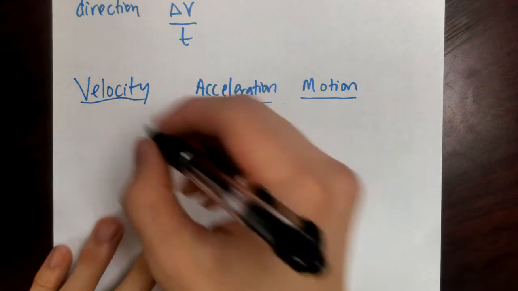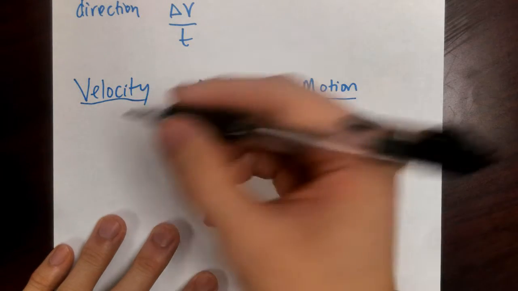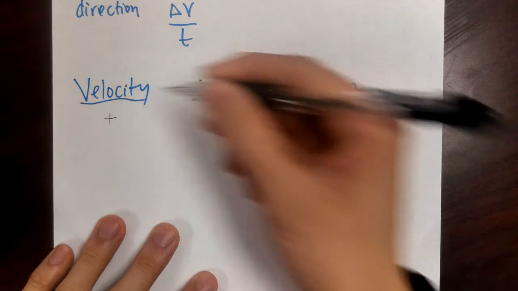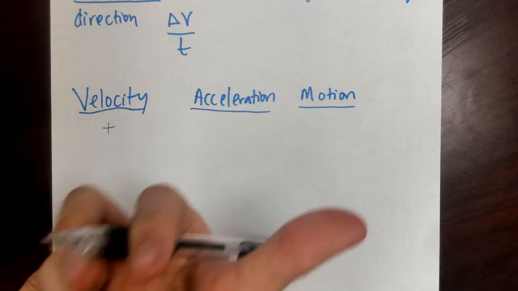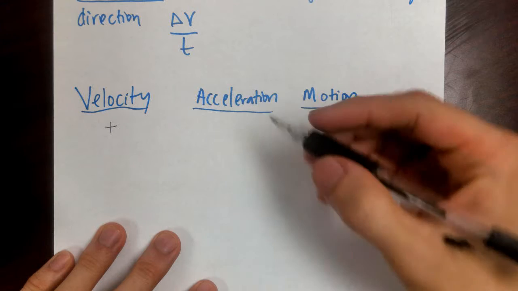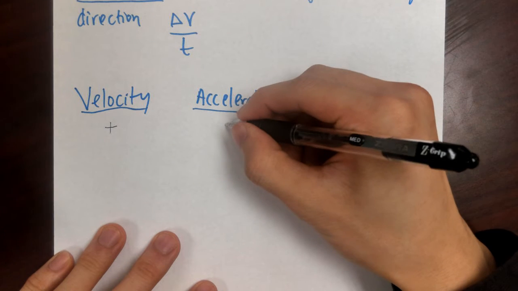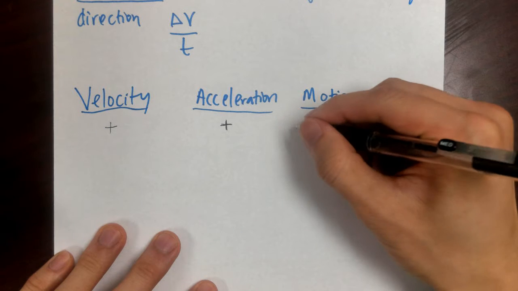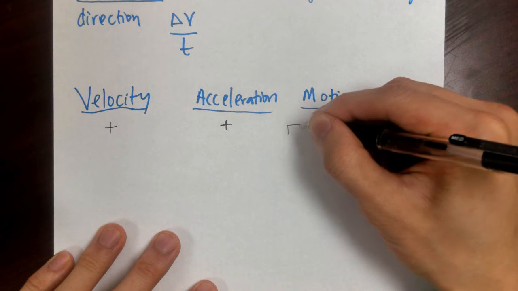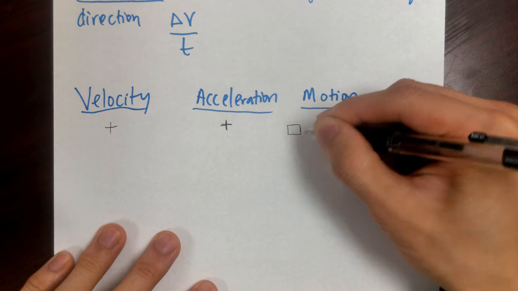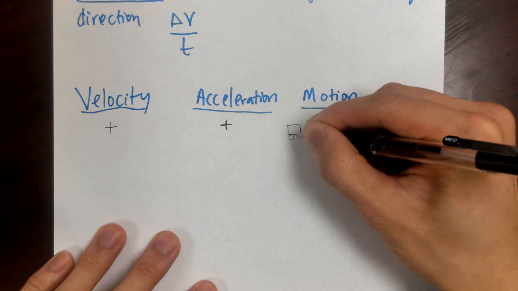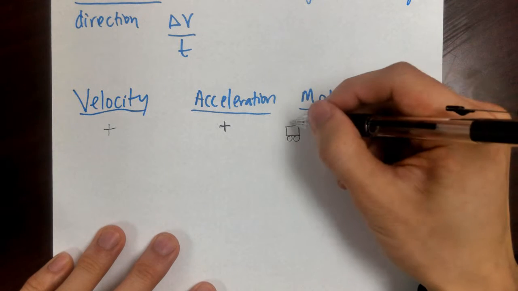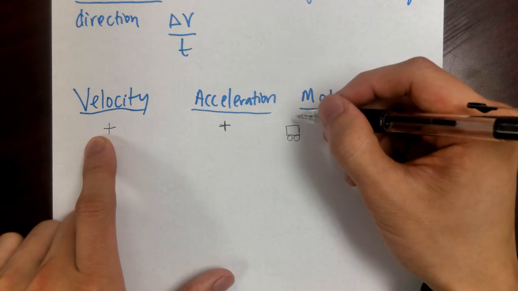Okay, let's get started. Let's say velocity is going positive, to the right. Acceleration is also going to be positive. So I'm going to draw a little car under my motion. It's already moving in the right direction.